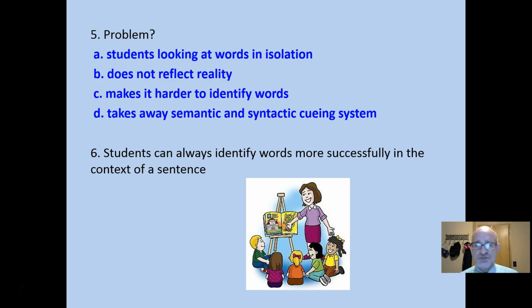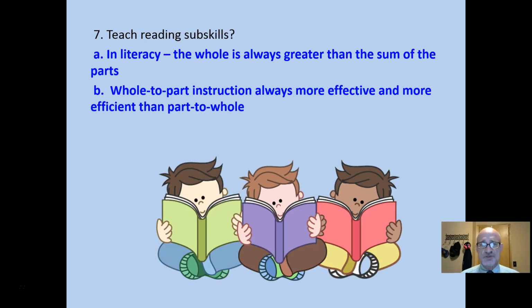Now you can try this yourself. Give the same list of words in a list, put the same words in a sentence. Students always identify words more successfully in the context of a sentence than they do in isolation. And looking at words in isolation is not meaning-based. So in reading, do we teach reading subskills?